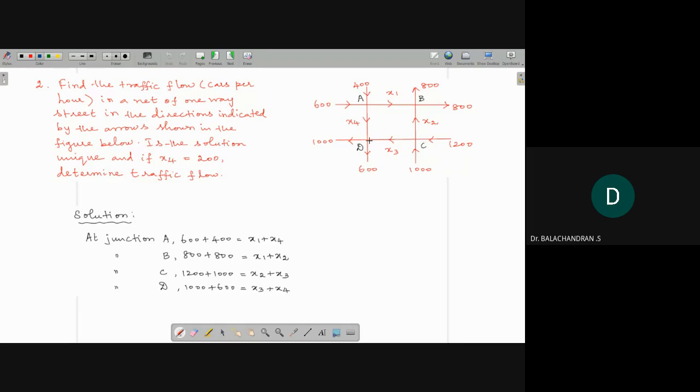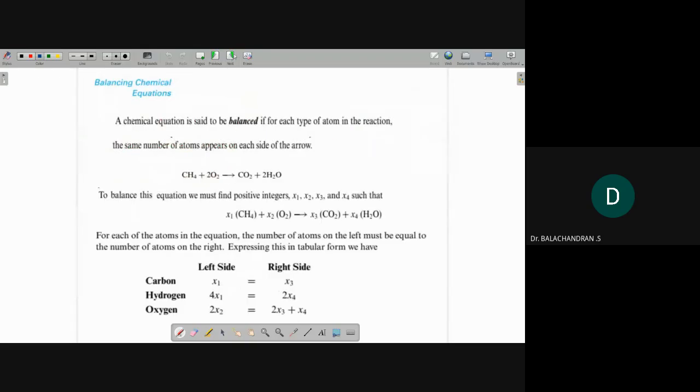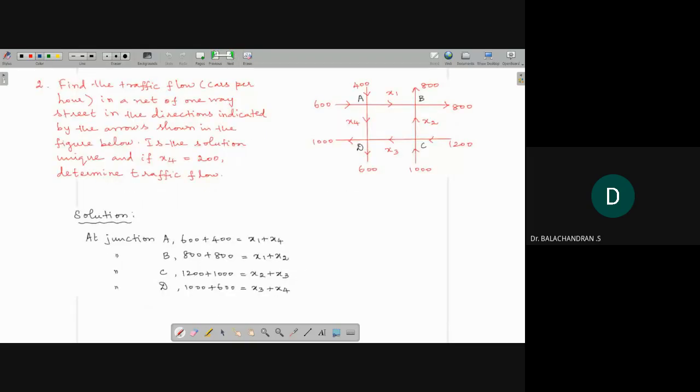Next, at node D, what is coming inside? x3 and x4 are coming inside, and leaving is 1000 plus 600. So first you should write these equations. Now from this, x1 plus x4 is equal to 1000.